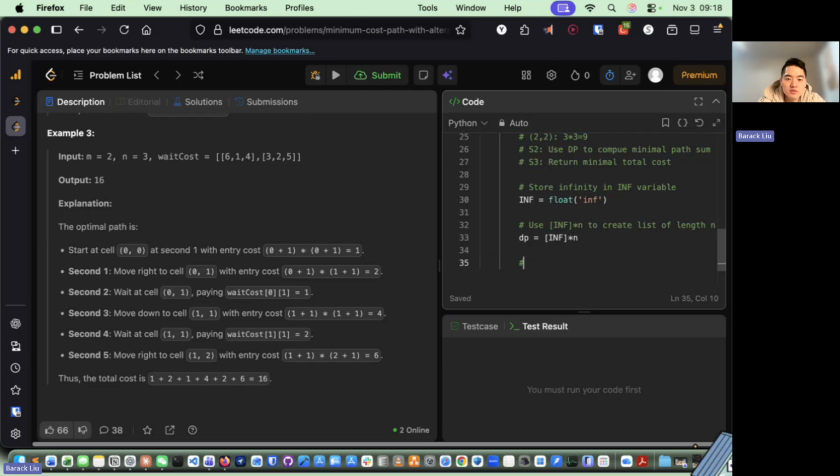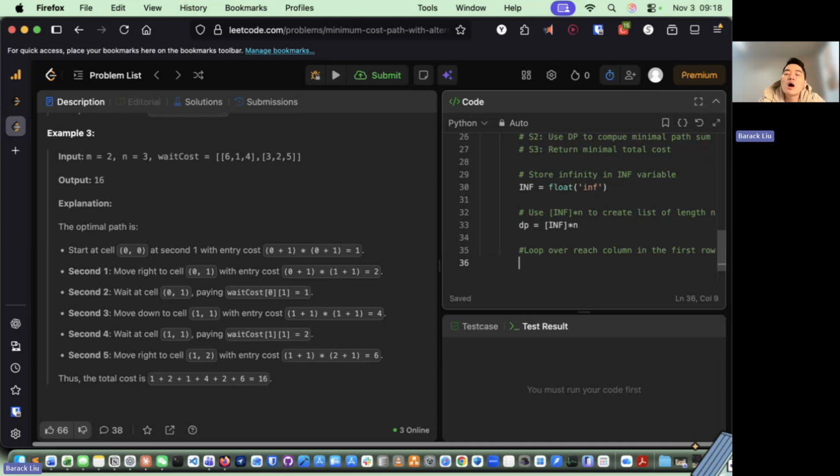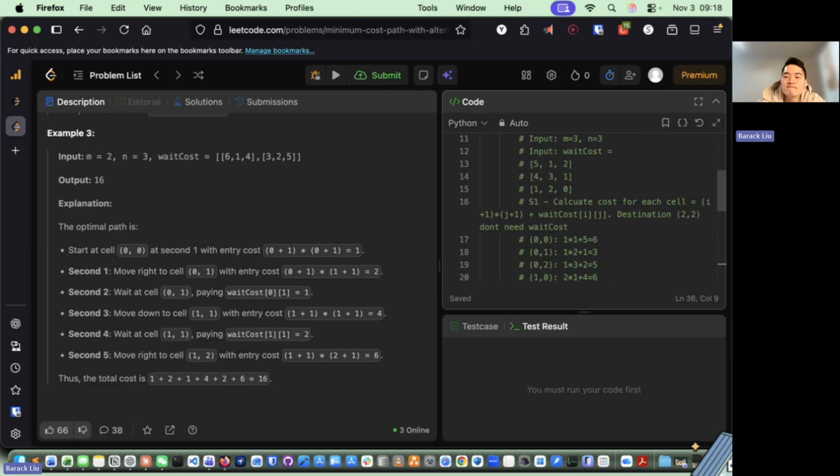Then what do we need to do? We need to loop over each column in the first row, right?